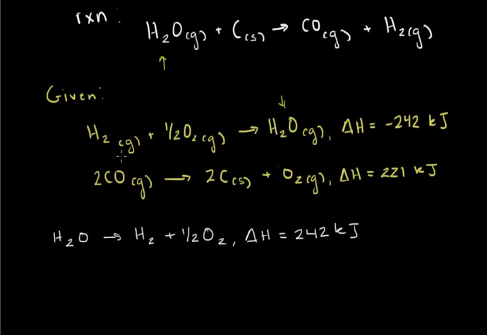So we want to divide this reaction by 2 so that not only do we get carbon monoxide as a product, we get the correct number of moles, the correct coefficient for carbon monoxide. So if we divide this by 2 and flip it, we're going to get 1C plus 1/2 O2 yields 1CO.